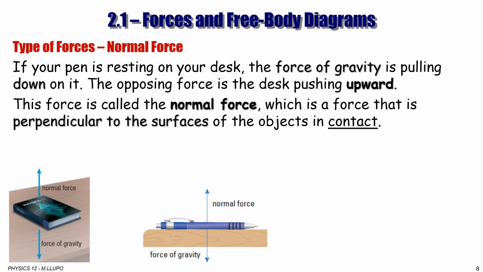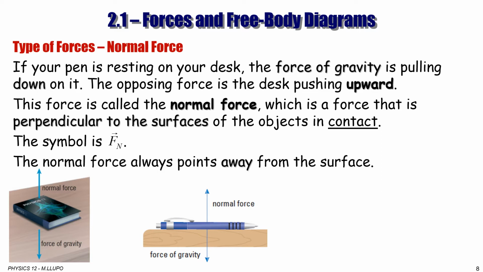This force is called a normal force. Normal because it's perpendicular to the surface of the object in contact. The symbol is FN with N as a capital, but you might have seen this as Fn with a lowercase n. So the symbol is important. The normal force always points away from the surface.